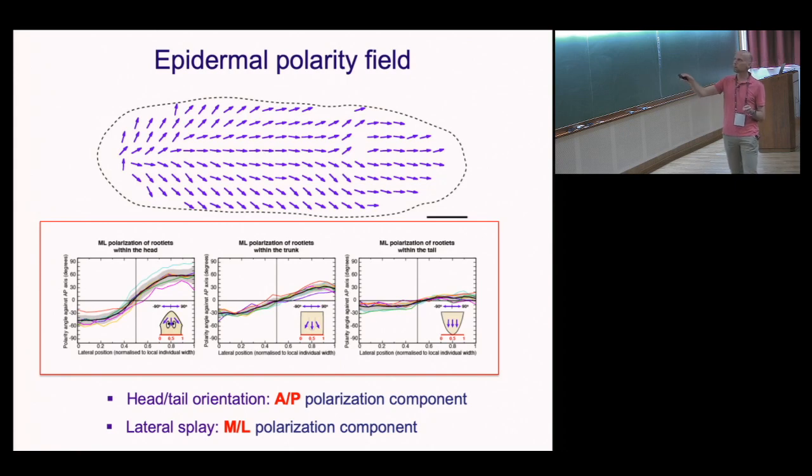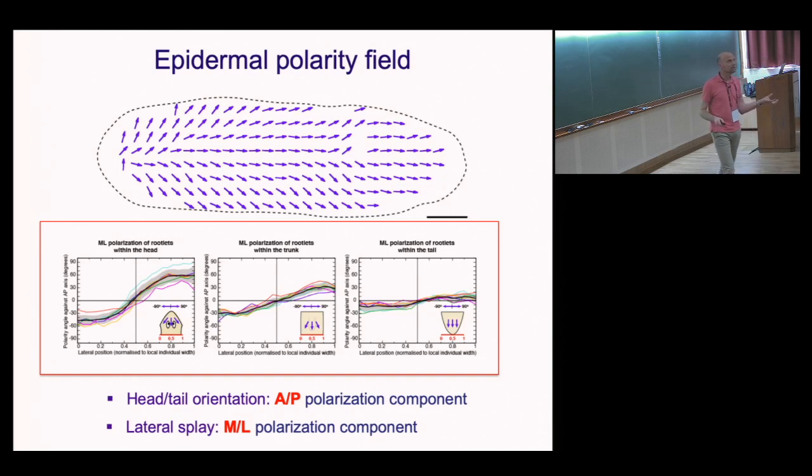And then if you plot the angles of individual cilia on a trajectory from the left side of the animal all the way across to the right side, you can see that in the head there's a significant deviation towards the sides on either end, and that this deviation gets less towards the center of the animal, and it then almost disappears in the tail.